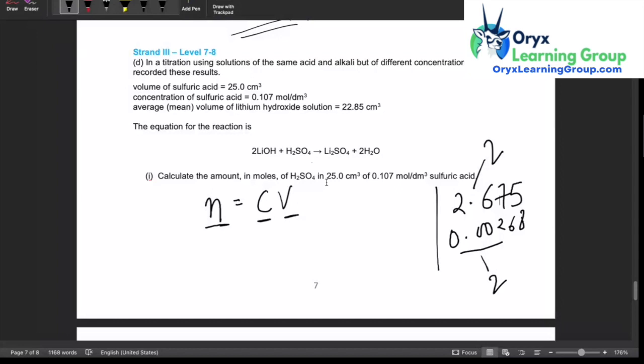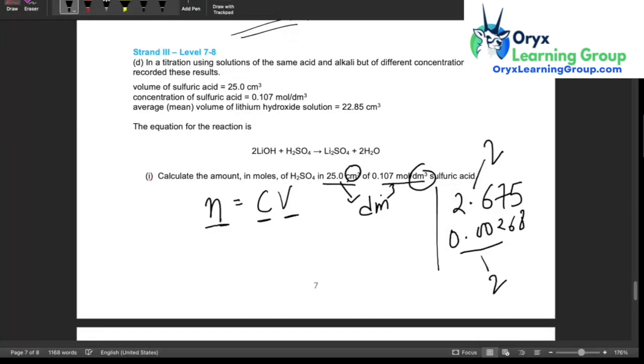It says 25 cm cubed, here it is 0.107 moles per dm cubed. You can't have different units here, cm cubed and dm cubed. So you have to convert 25 cm cubed to dm cubed.